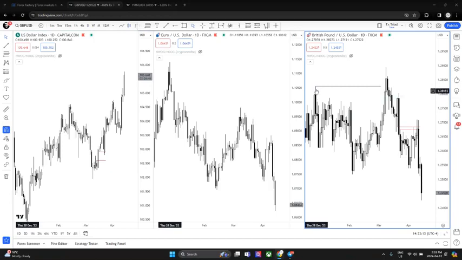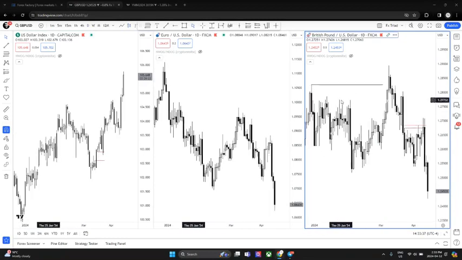Also, you can see that this wick right here is greater than this wick right here, which is something to note. So we had a close above here, then we had the wick greater. We're looking at this specific time frame, the daily time frame, for this specific cycle.